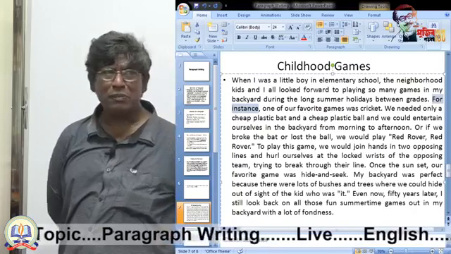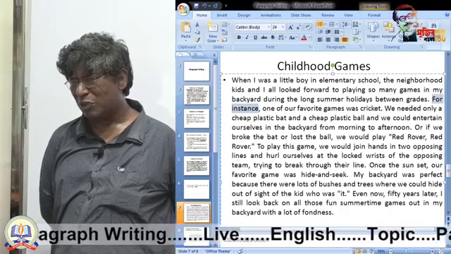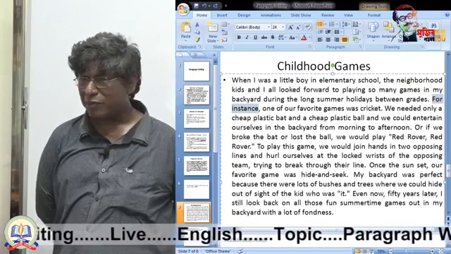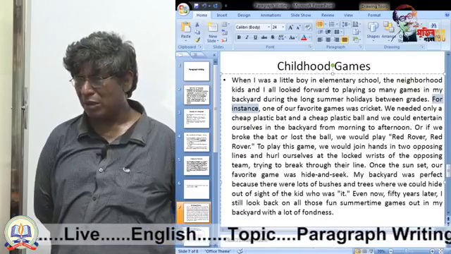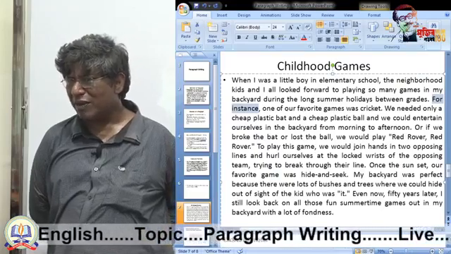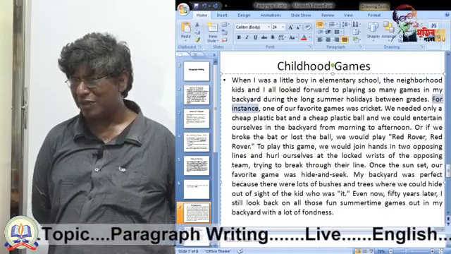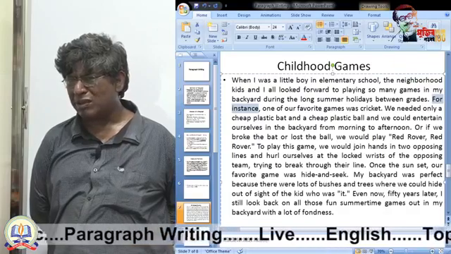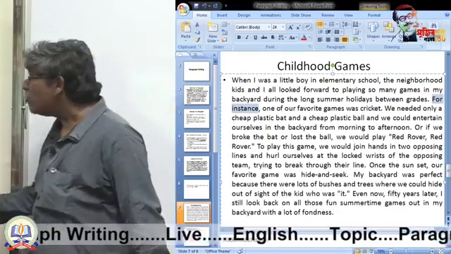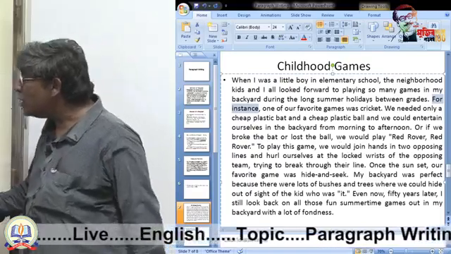So, we have the idea of three games in the developers or in the body of the paragraph. And finally, there is an abrupt and very simple conclusion or terminator of the paragraph. Even now, 50 years later, I still look back on those fun summertime games out in my backyard with a lot of fondness. Well, I am going for the last example paragraph in this class now.